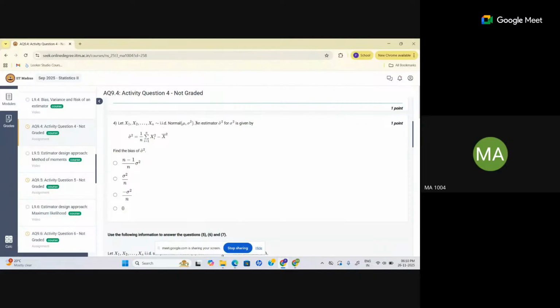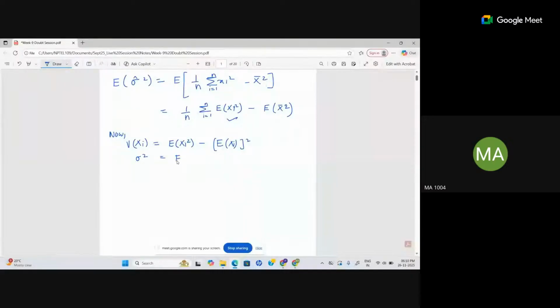So sigma square is the variance for x1, x2 up to xn, so sigma square is the variance of xi. And the mean is mu, so we can write expectation of xi square minus expectation of xi, which is mu, whole square. This is given in the question.